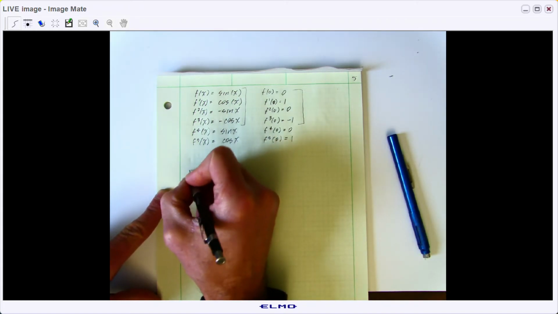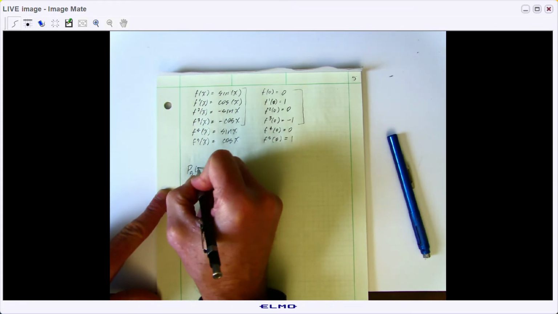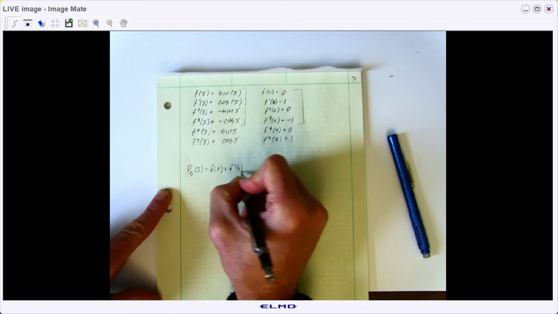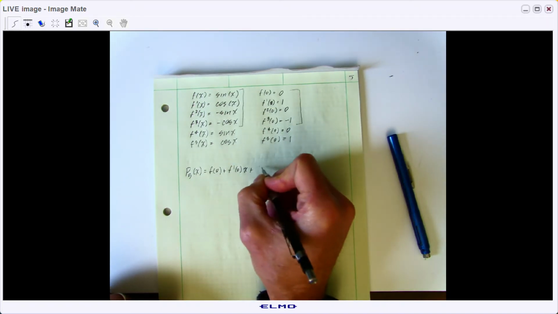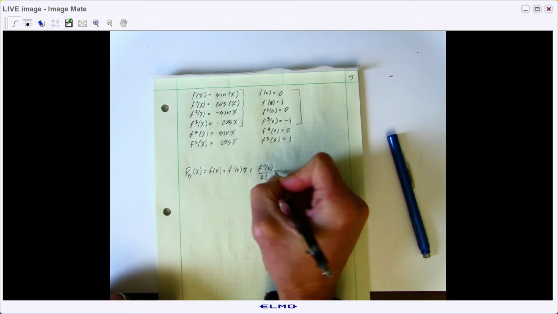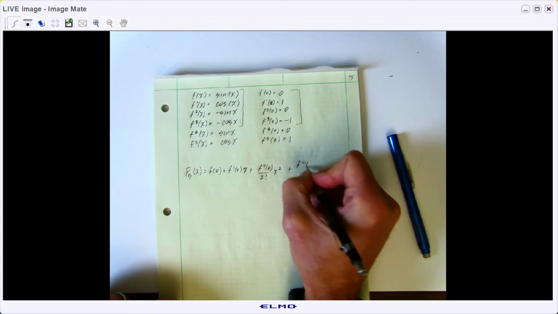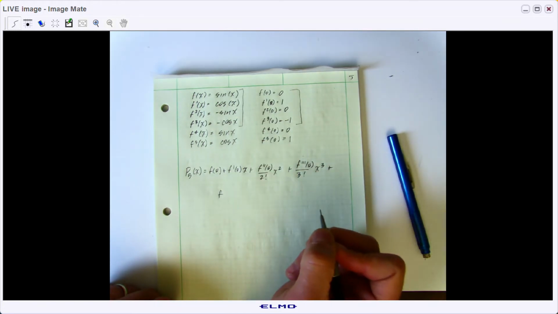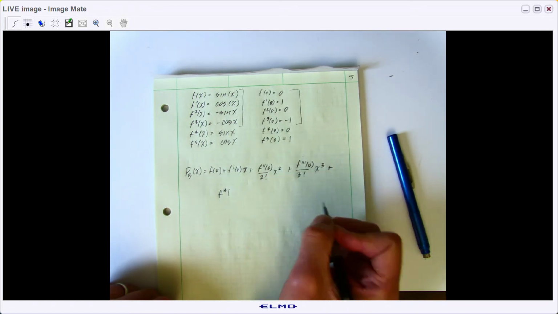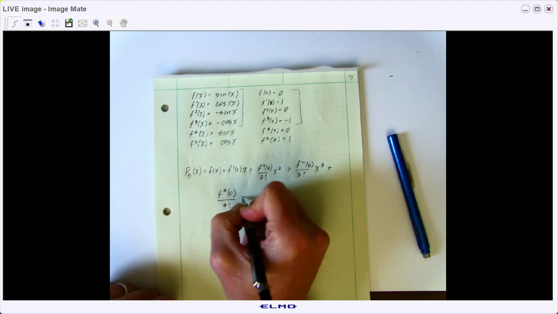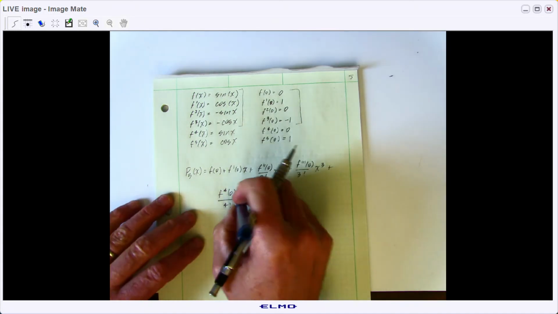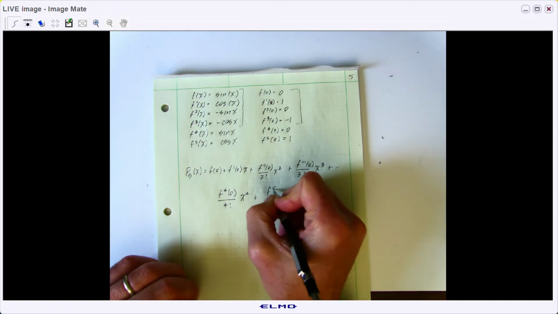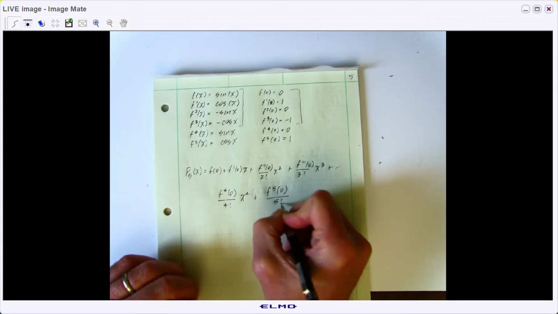We know that the fifth degree polynomial approximation of the function is just going to be f of 0 plus f prime of 0 times x plus f double prime of 0 all over 2 factorial times x squared plus f triple prime of 0 all over 3 factorial times x to the third plus the fourth derivative evaluated at 0 all over 4 factorial, oh, and I forgot my x to the fourth there, plus the fifth derivative evaluated at 0 all over 5 factorial times x to the fifth.